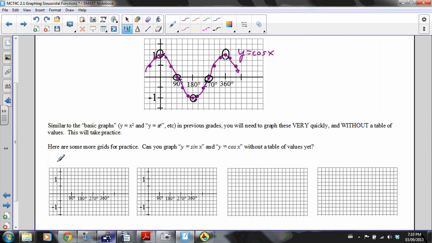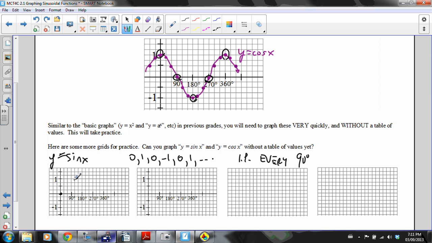So for instance, if I asked you to graph y equals sine x, you know that it goes through these important values. And these important values are in a pattern. Important points every 90 degrees. For sine x, you kind of have to remember it starts at 0, then an important point every 90.